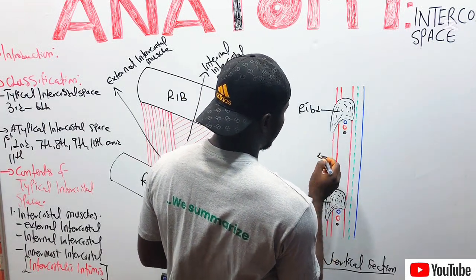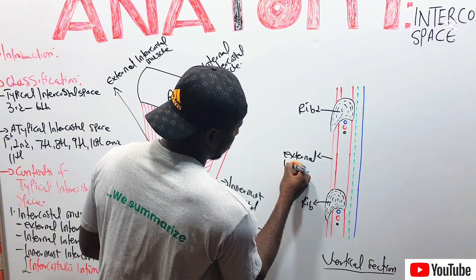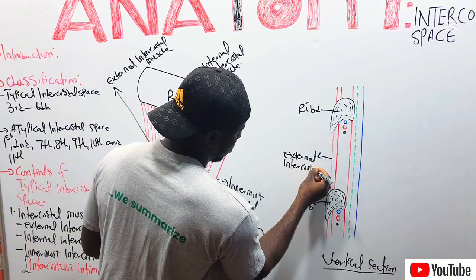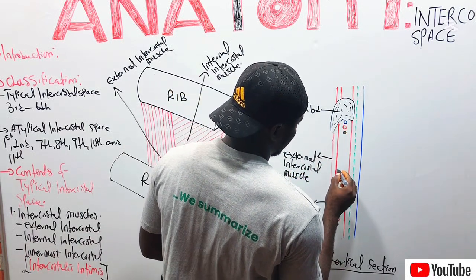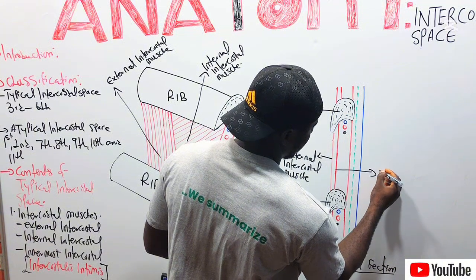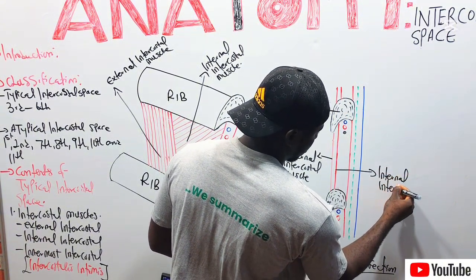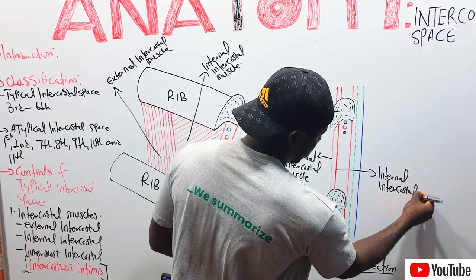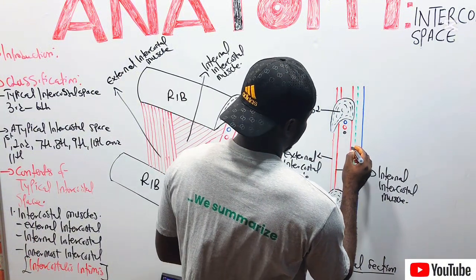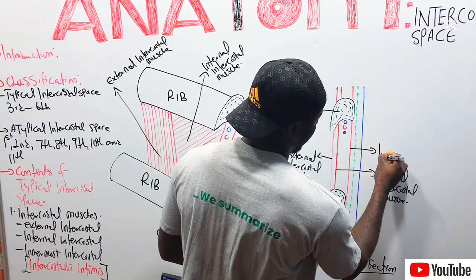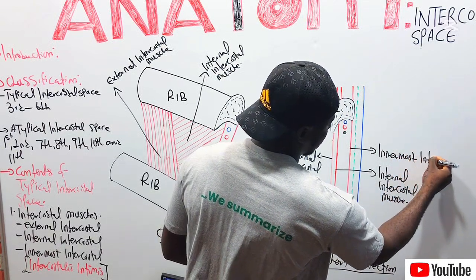This muscle here is the external intercostal muscle. This is the internal intercostal muscle. Here is the innermost intercostal muscle.